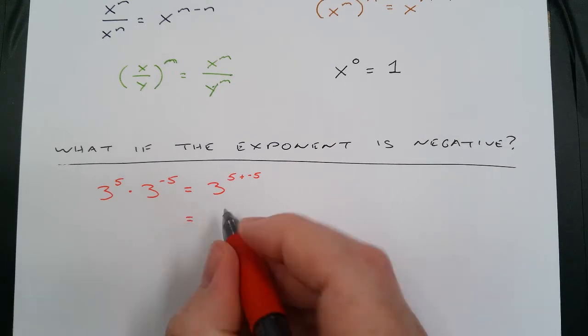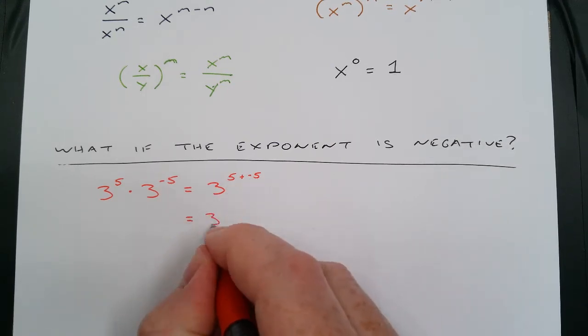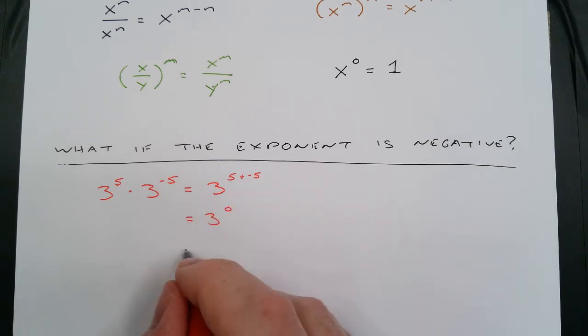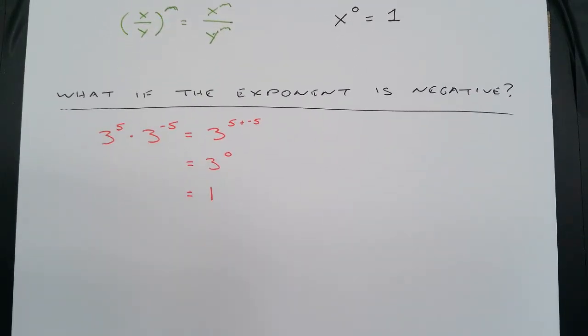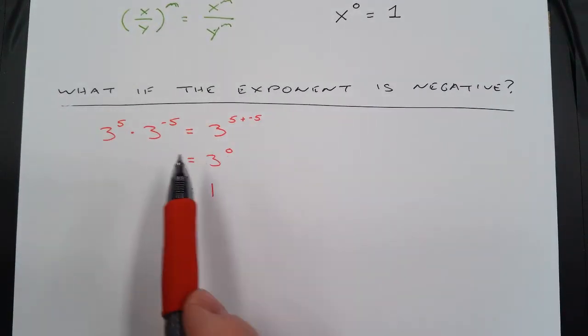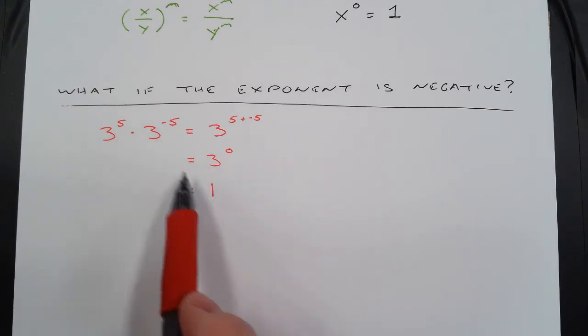Now you know 5 plus a negative 5, 5 minus 5, makes 0. So this means the answer to this is 1. So now we need to consider how did 3 to the 5th become a 1?